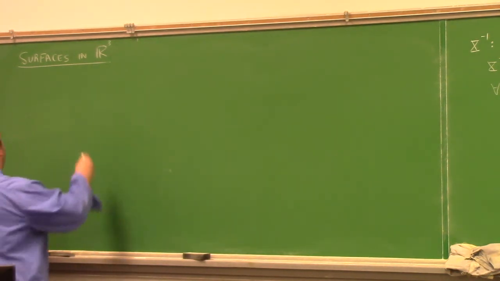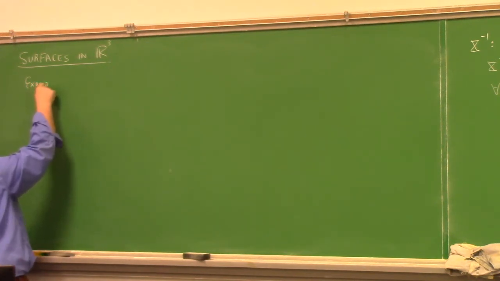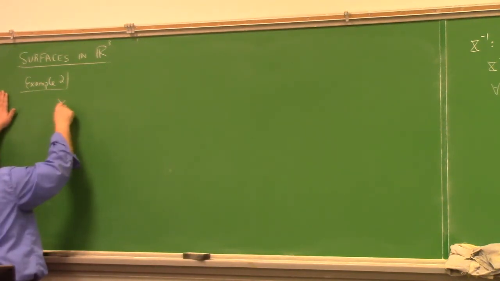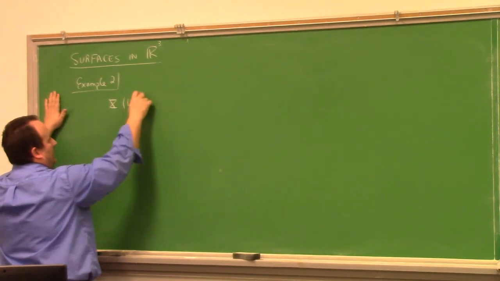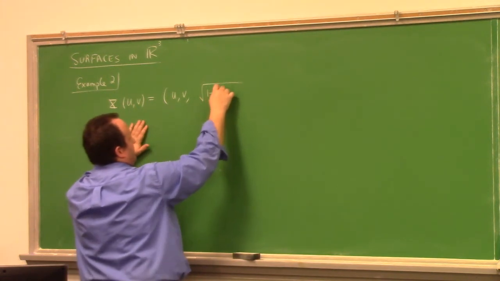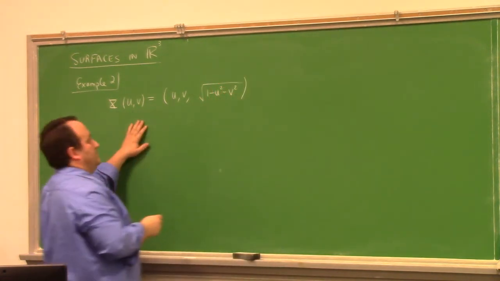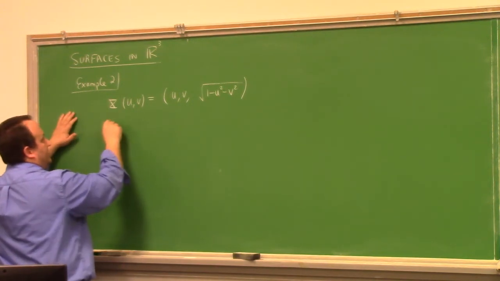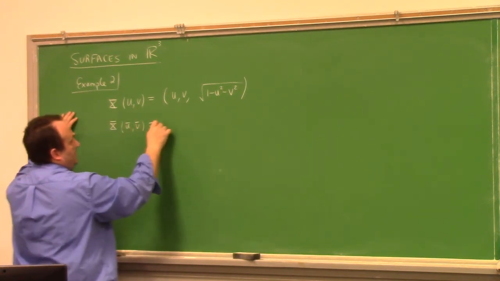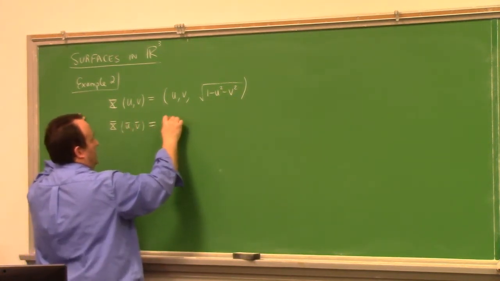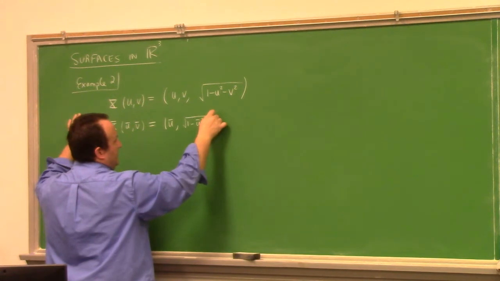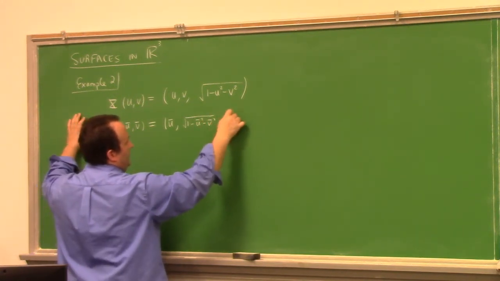Okay, so example 2. We could have x of uv equal to u, v, square root of 1 minus u squared minus v squared. And we could have, say, x bar of u bar, v bar equal to, I don't know, u bar, square root of 1 minus u bar squared minus v bar squared, v bar.